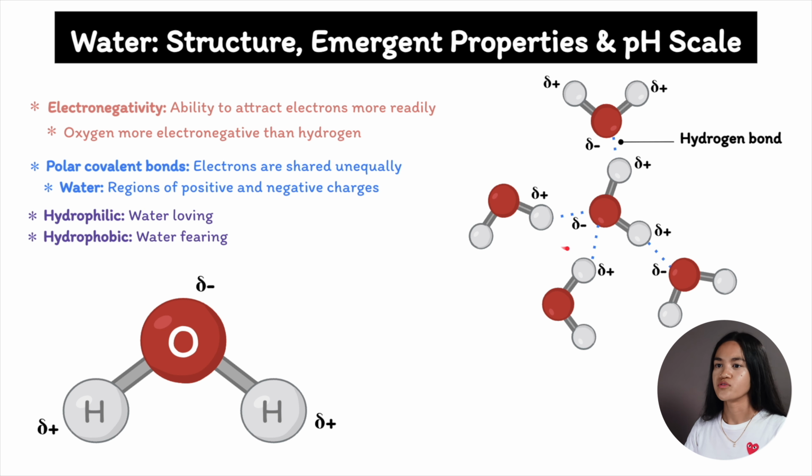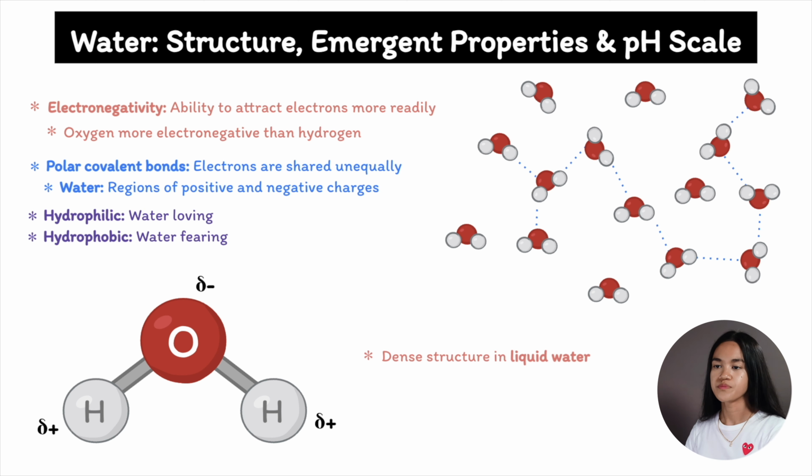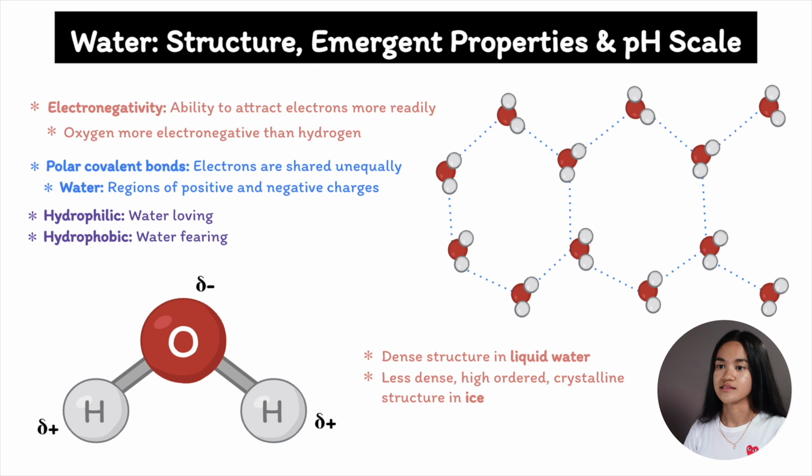Now, hydrogen bonds are much weaker than covalent bonds, but hydrogen bonds are what influence the structure of both liquid water and ice. When water is in its liquid form, these hydrogen bonds are quite fragile. So the bonds form, they break, and then they reform again. Hydrogen bonds create a dense structure in water, and in ice, it's less dense, and it's going to form this beautiful crystalline structure that's highly ordered.